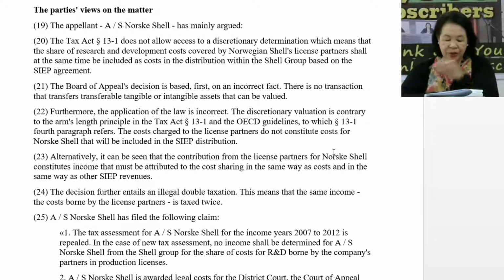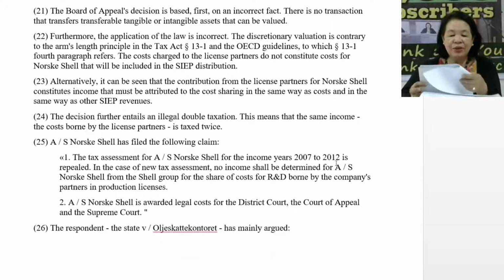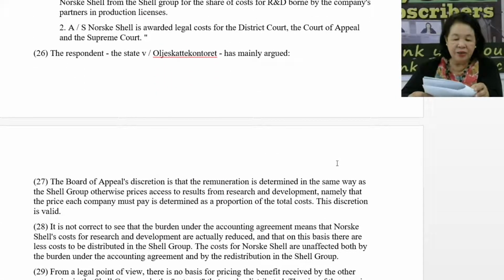In the case of new tax assessment, no income shall be determined for AS Norske Shell from the Shell Group for the share of cost for research and development borne by the company's partner in production licenses. Sino yung partners niya kanina? Yung Shell Technologies, no? AS Norske Shell is awarded legal cost for the District Court, the Court of Appeal, and the Supreme Court, no? So sila daw yung in-award yung legal cost na kanila.